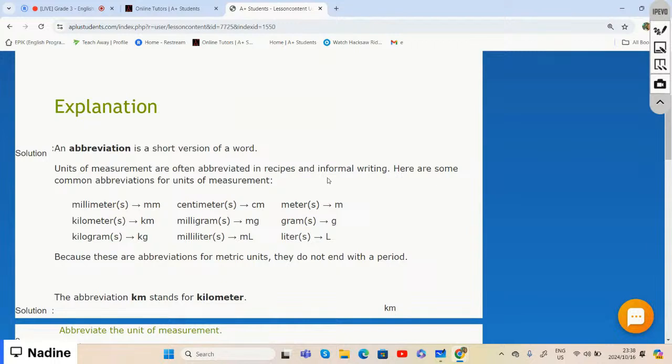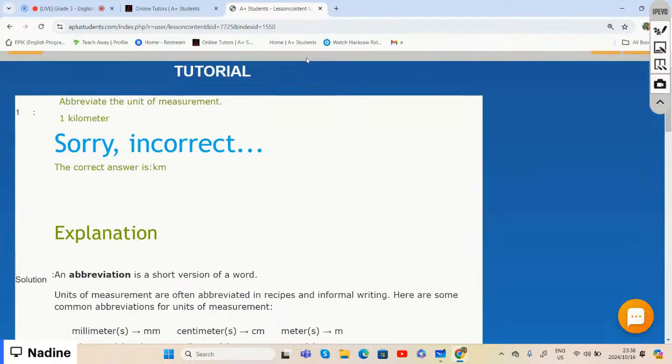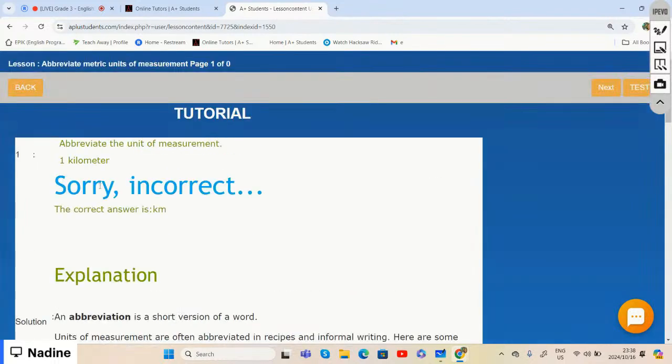All right. So now we are going to abbreviate our metric units of measurements. The first one says 1 kilometer.